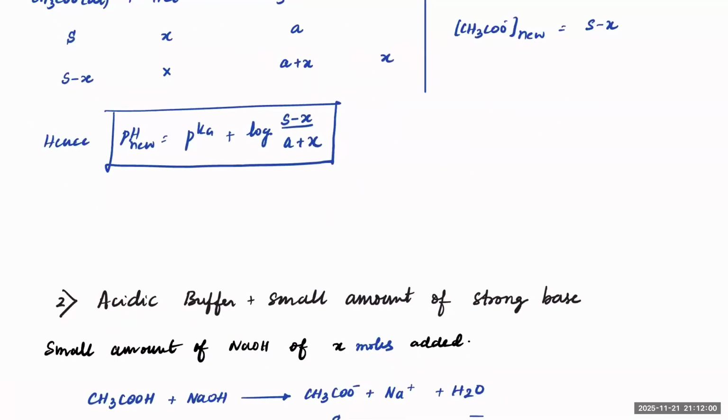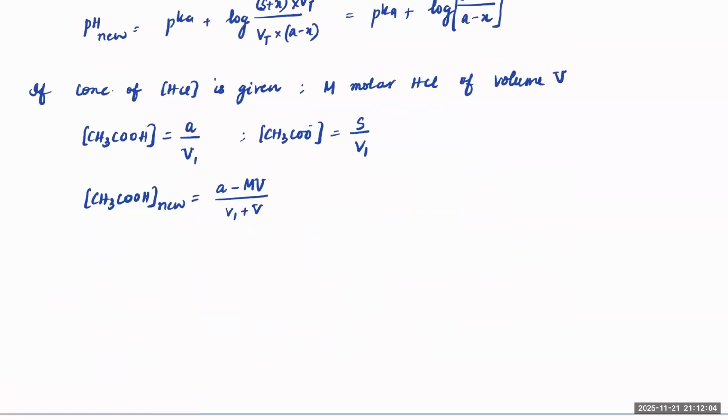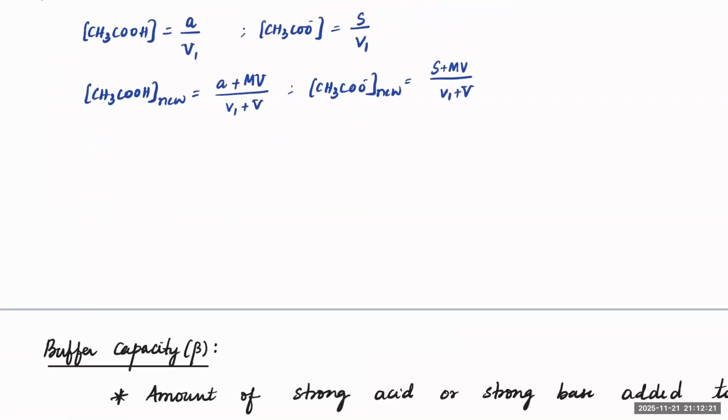So the total amount of acid will be A plus MV by V1 plus V. Similarly, the salt concentration of CH3COO minus new will be S plus MV divided by V1 plus V. This is the total volume.